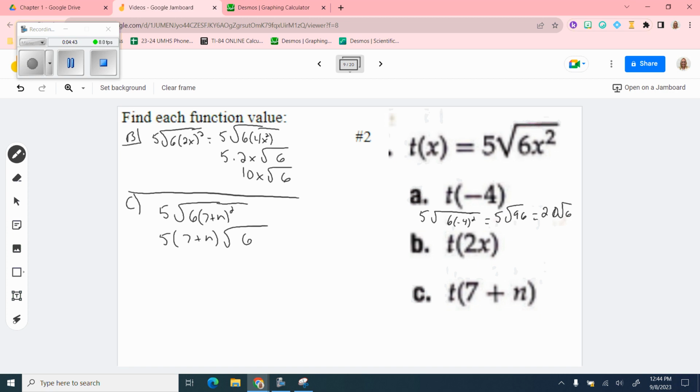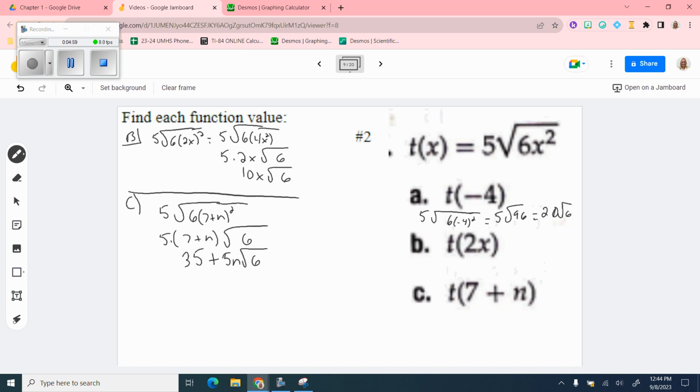And then I can multiply this in to get 35 plus 5n square root of 6.